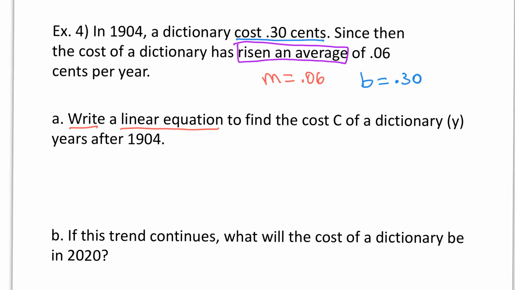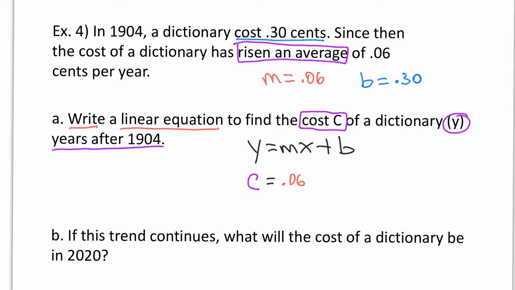So I'm going to use y equals mx plus b. And notice that they say that you want to write a linear equation to find the cost. So that variable c, let me just put a box around the c here, is going to be instead of the y. So I put c equals my slope, which is 0.06. Now in part A, it also says dictionary Y years after 1904.